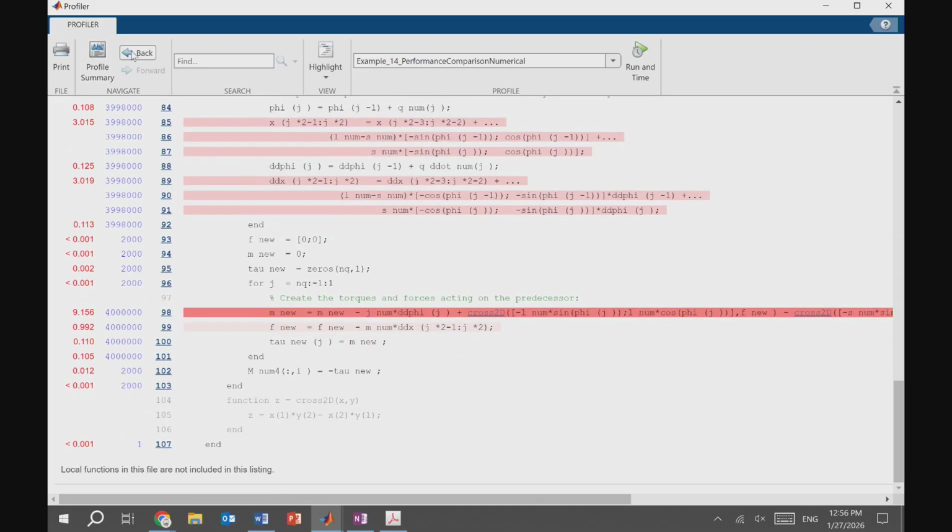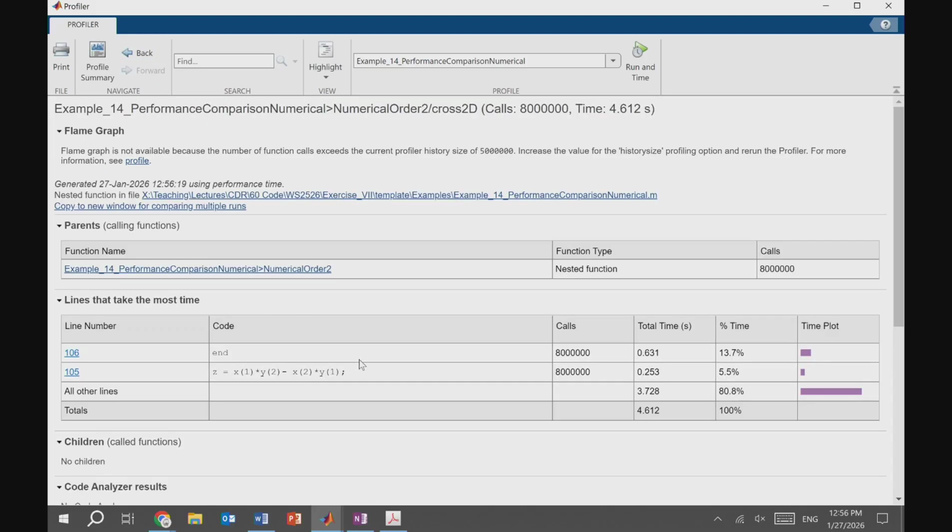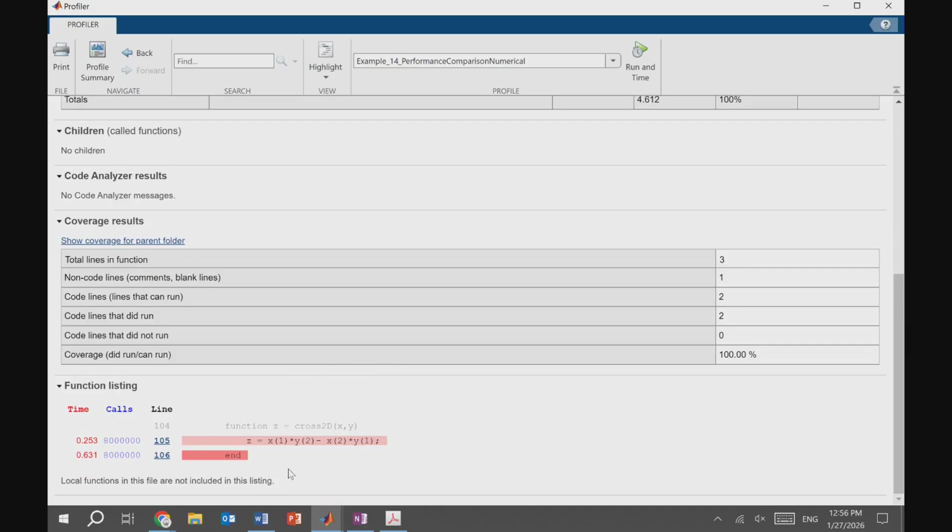And then I can dig even further and say, okay, when calling cross product, where's that time spent in this function cross product, which is surprisingly spent in the function end, right? Which tells you this is a scripting language where MATLAB's like, oh, I have to, I don't know, finish the execution of this function.